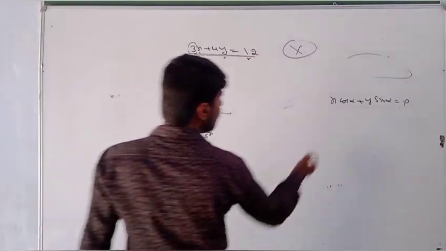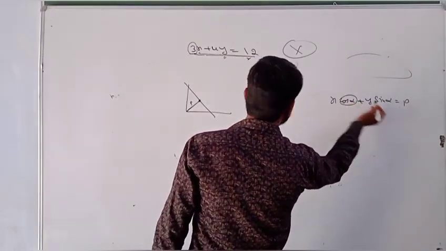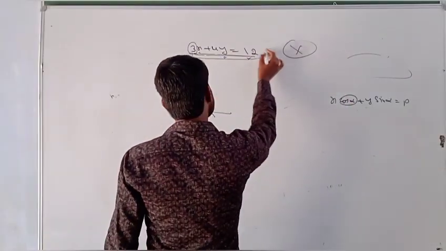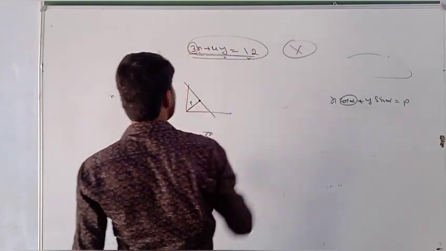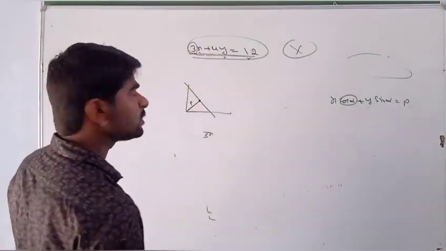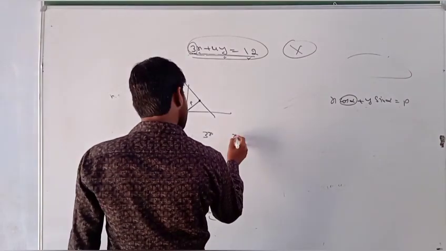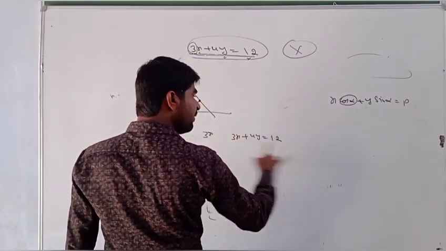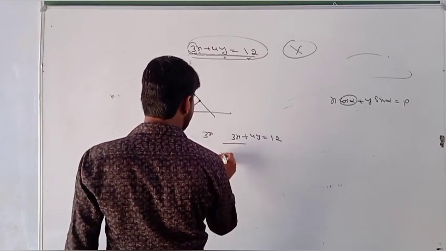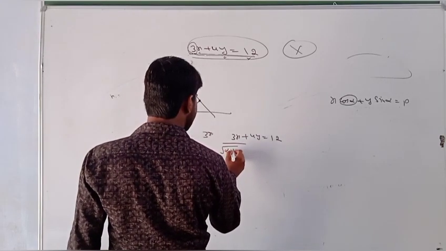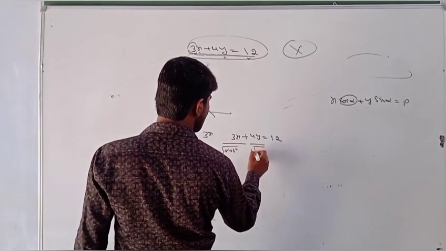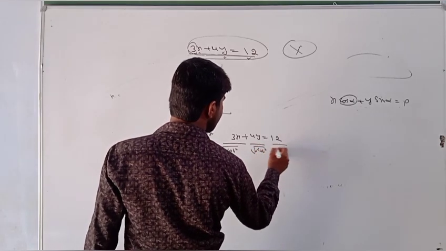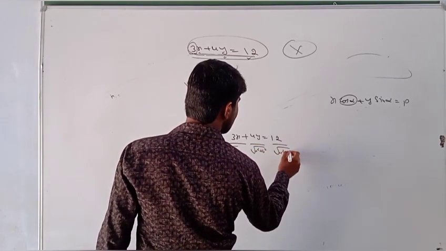So for converting your general equation into the normal form, what is the process? The process is: write down your equation as it is and divide all the terms by under root of a square plus b square.